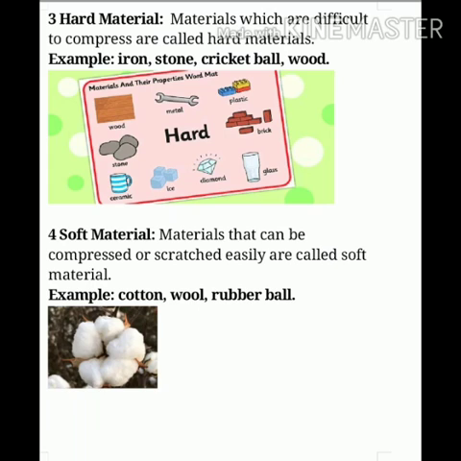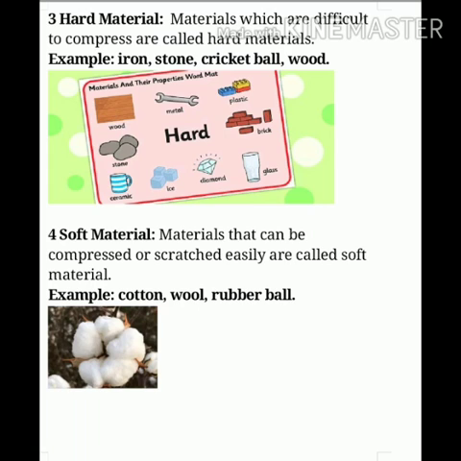On the basis of this, materials can be grouped as hard or soft materials. Hard materials are materials which are difficult to compress. For example, iron, stone, cricket ball, wood. Hard materials cannot be compressed easily, hence they are hard in nature.